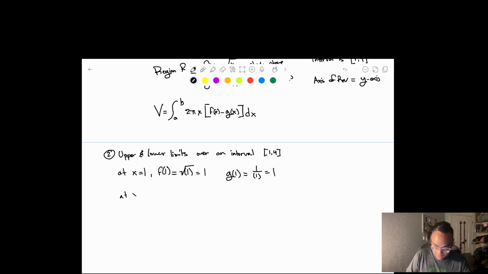And then at x equal to 4, because 4 is our upper limit, f of 4 is the square root of 4, which equals 2. And g of 4 equals 1/4.